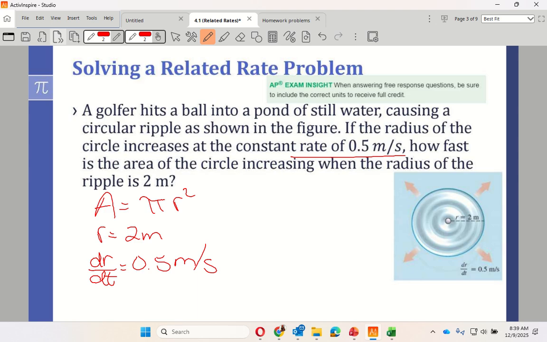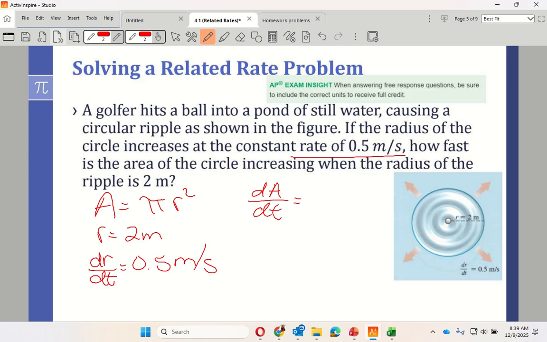So I'm going to have dA/dt is what I'm looking for. Going through, listing everything that we have, identifying what it is, and identifying what I'm looking for. That's important. That is key to every single one of these problems.